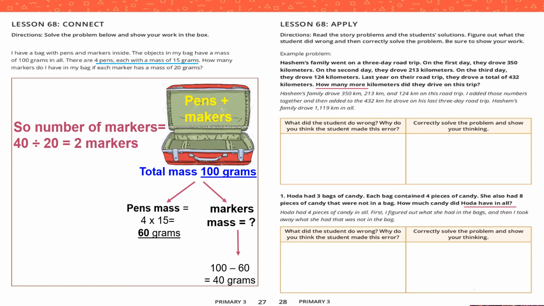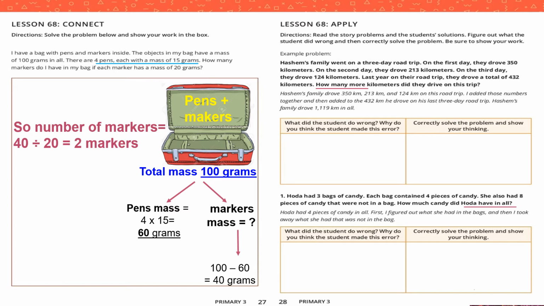How many more kilometers did they drive on this trip? He wants to know how many more. This is a key word for subtraction. He wants to know the difference between this year's trip and last year's trip.